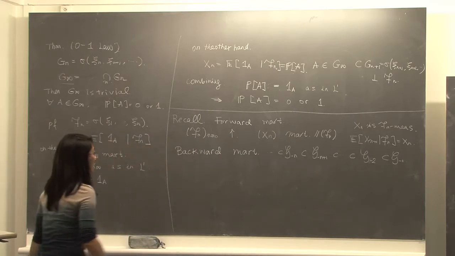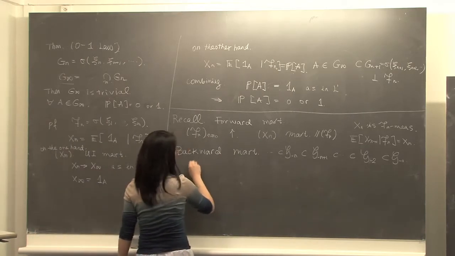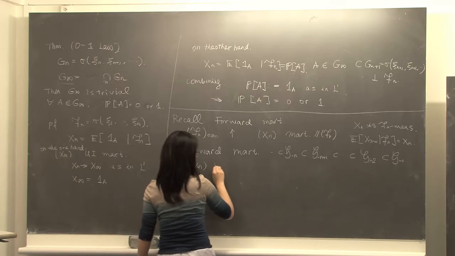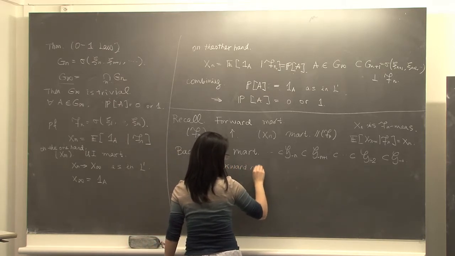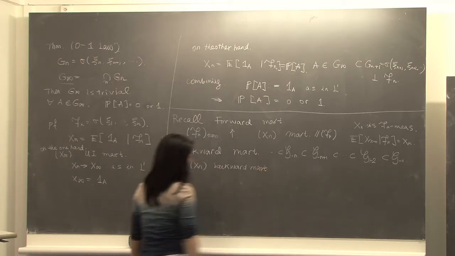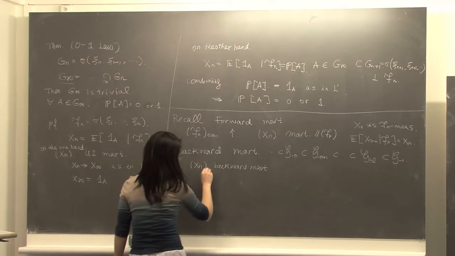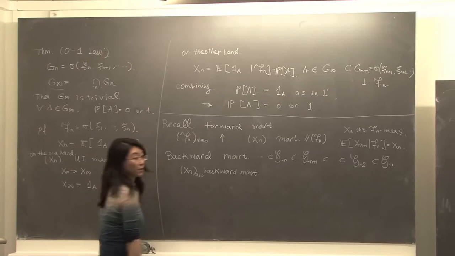And we say Xn is a backward martingale. It is also indexed by negative integers.